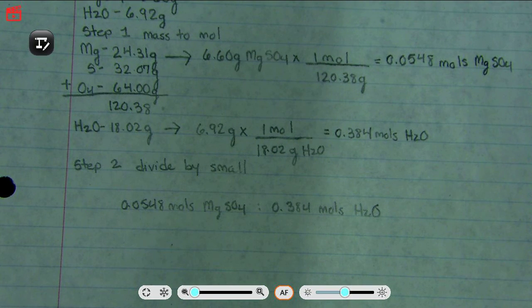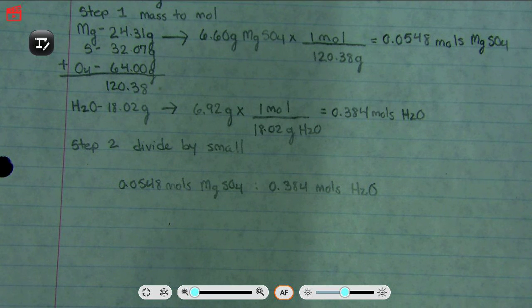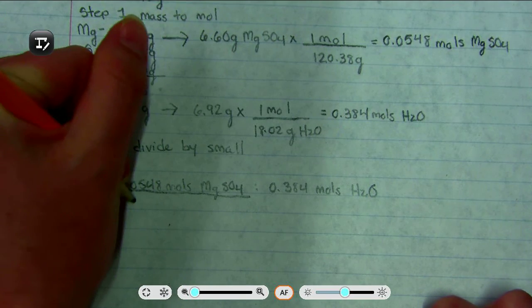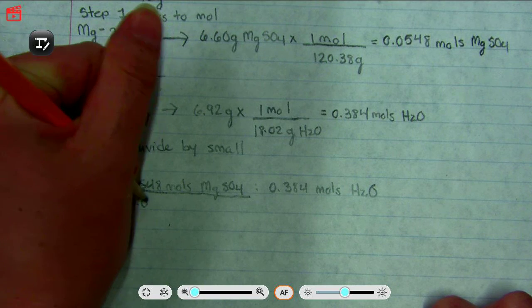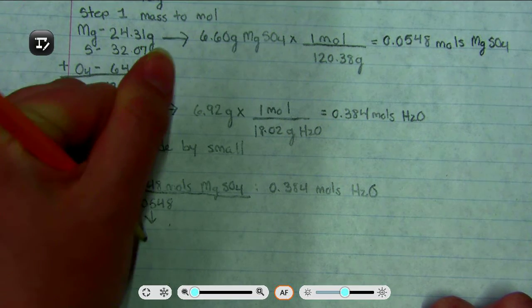Okay, and so what we're going to do now is we do not have a small whole number mole ratio, so we are going to divide by the smaller amount. The smaller amount is clearly magnesium sulfate because it's 0.05 compared to 0.3. That's a much smaller number. So we're going to compare. Sorry, no, we're not going to compare. We're going to divide. So we got 1 here.